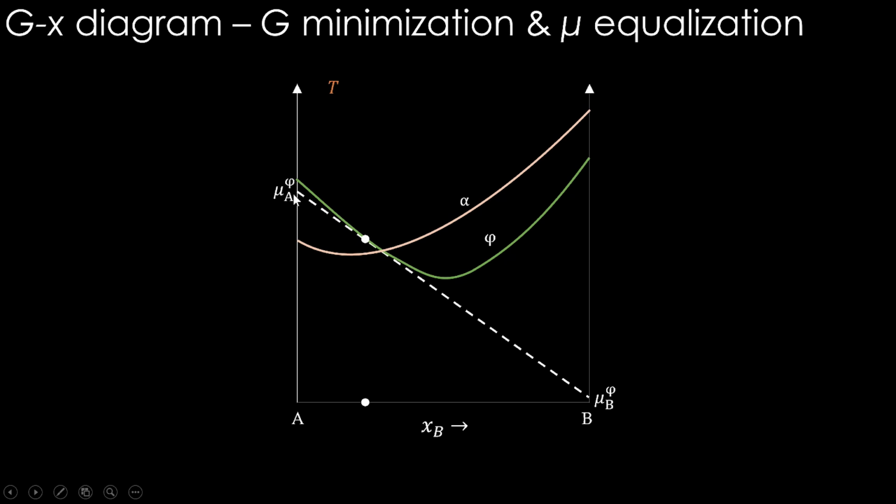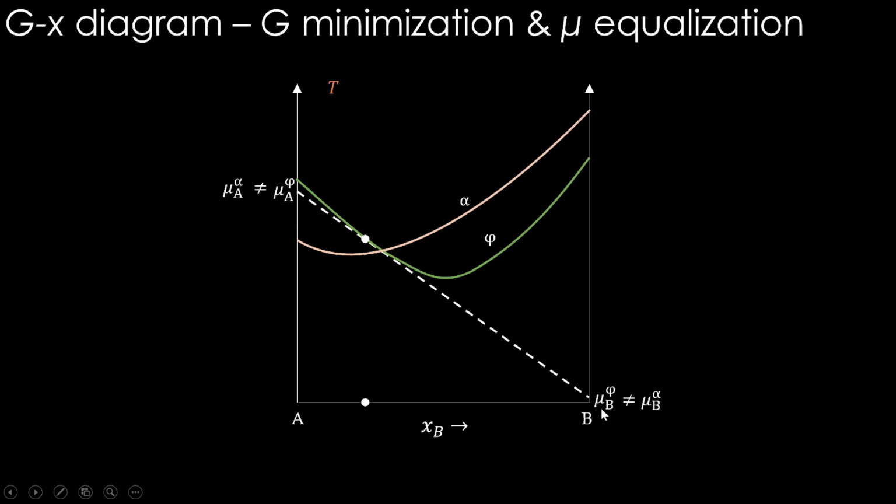If I draw a tangent here and try to consider only phi as the stable state, you know definitely it is not stable, because below this tangent line, there is some Gibbs energy curve. Therefore, only phi is not stable. And in this case, chemical potential of A in phi is here. Is it equal to chemical potential of A in alpha?